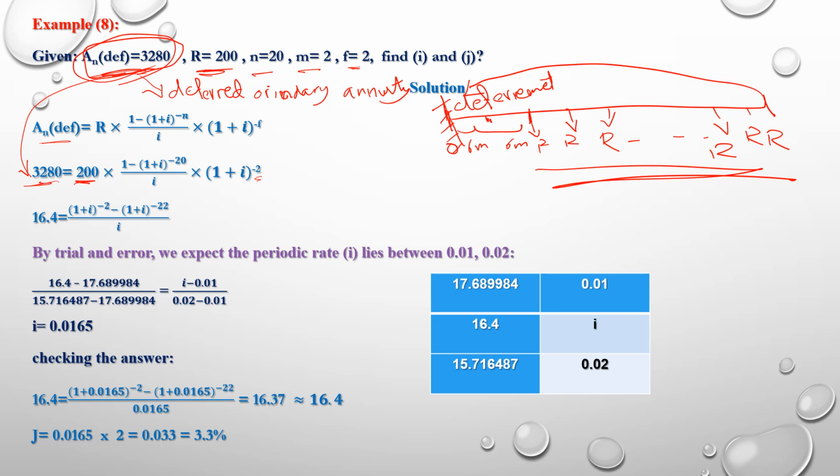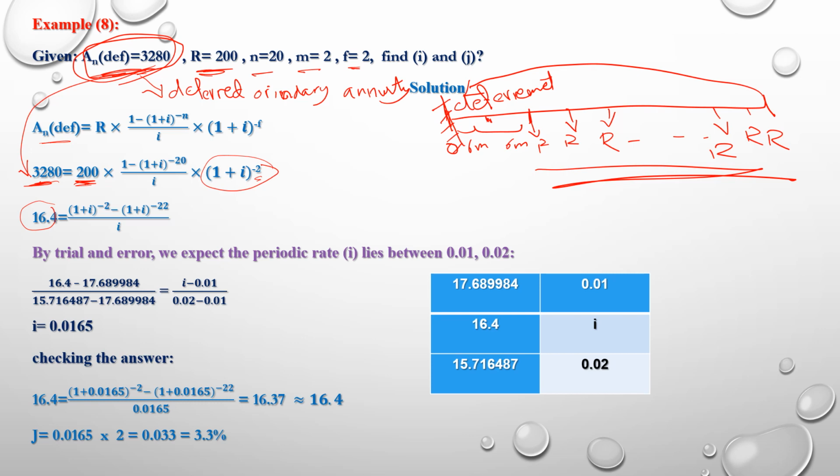By dividing this side over 200, we get 16.4, and the rest is (1 minus (1 plus i) to the power of minus 20) over i, times (1 plus i) to the power of minus 2.